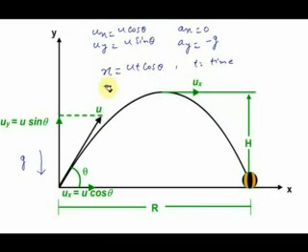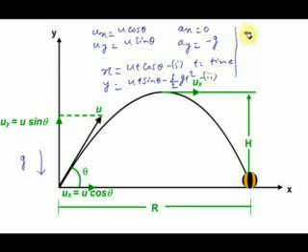Similarly, in the vertical direction, the distance traveled in time t will be given by y = ut sin theta minus half gt square. So these are the two equations, equation 1 and equation 2.